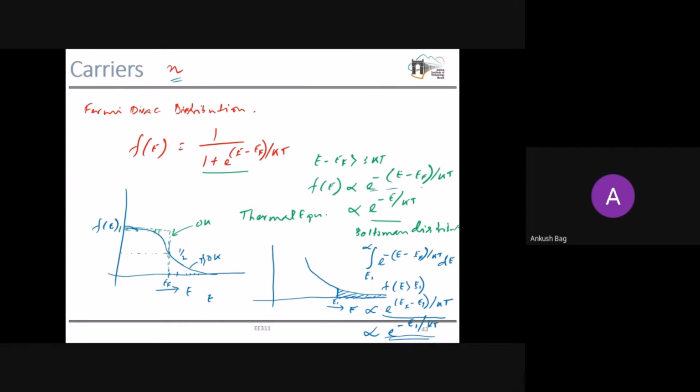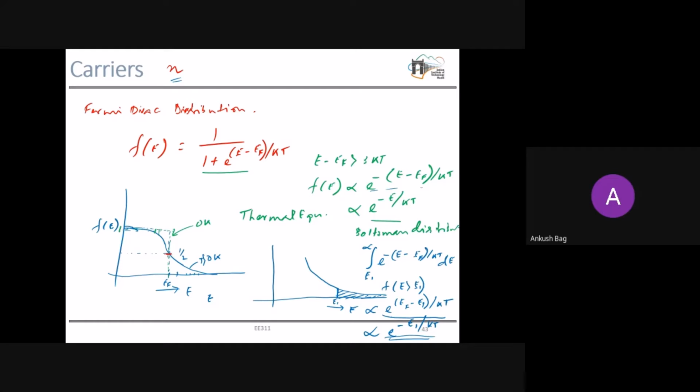So you want to know how this equation is represented by this graph, and why 0 Kelvin. So at E equals to EF, if you simply put E equals to EF, this exponent will be 1, so then it is 1 upon 1 plus 1, which is half.